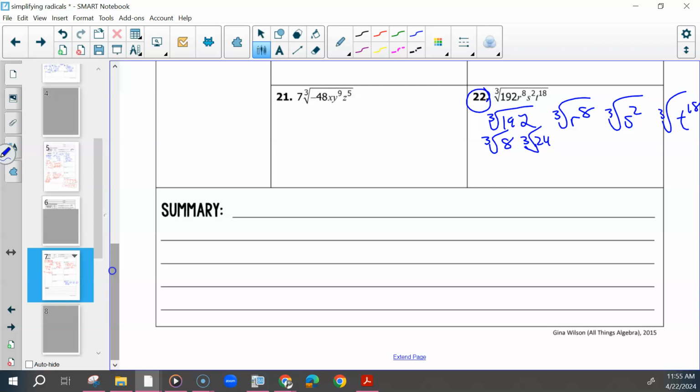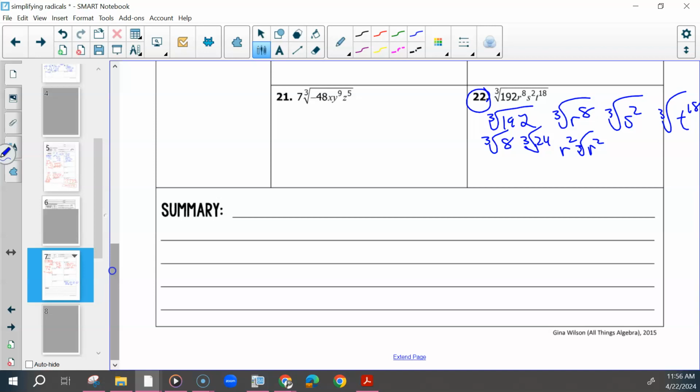Twice. With how much left over? 2. So that would be r squared times r squared times the cube root of r squared.